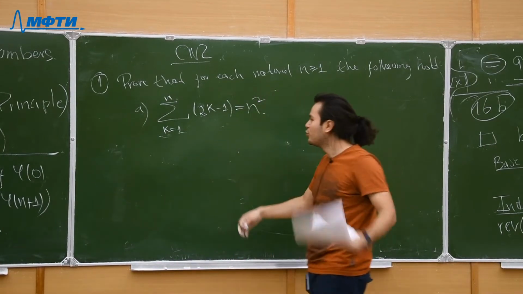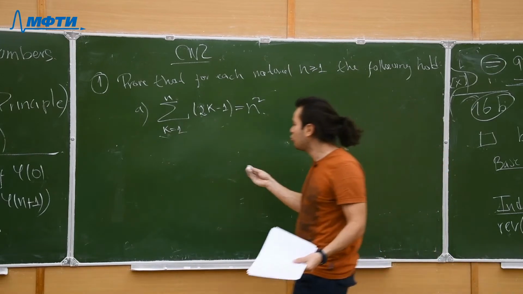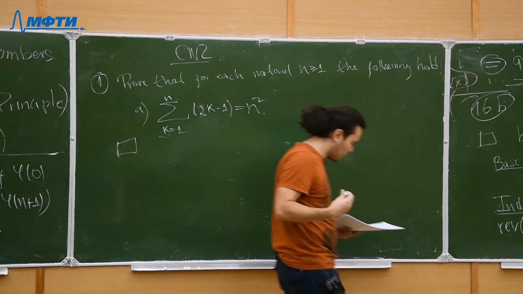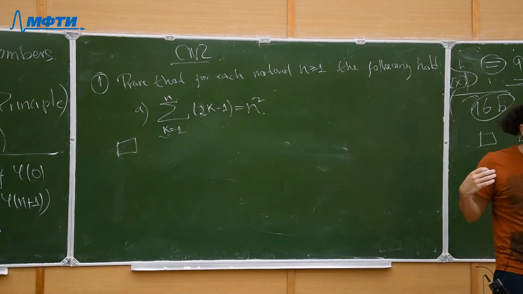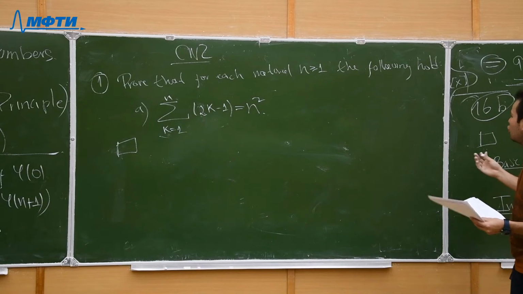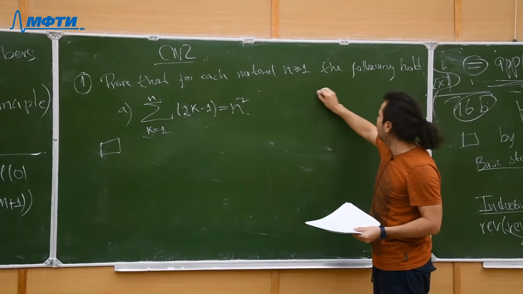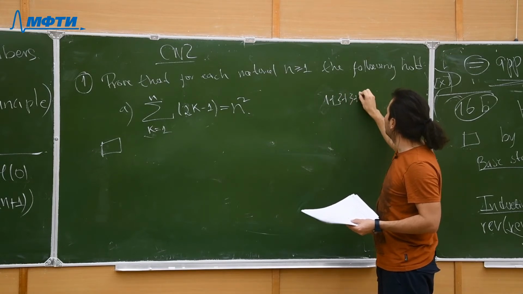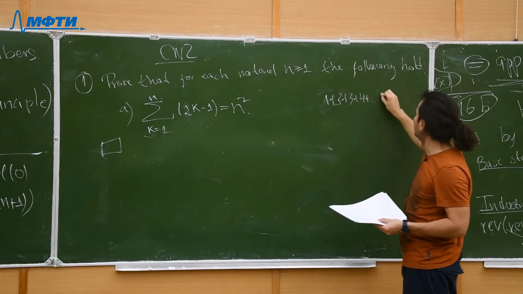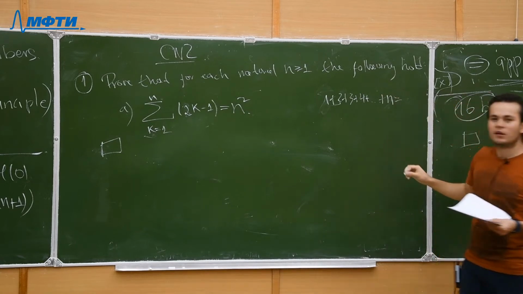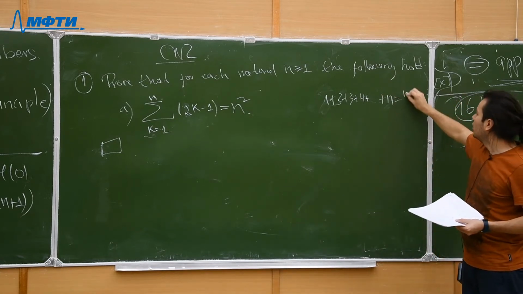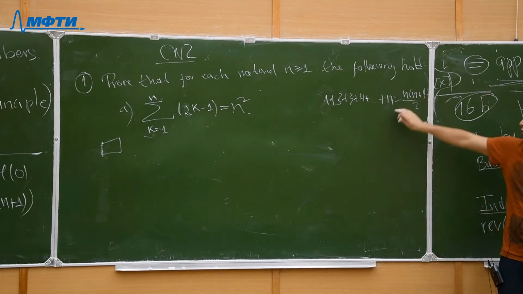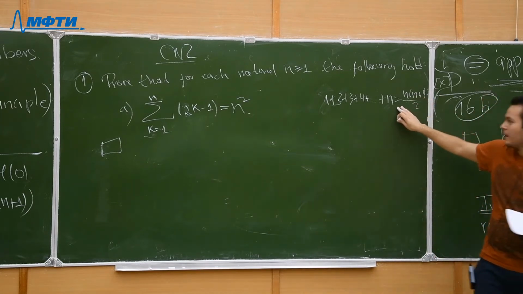Well, how are we going to prove it? I think you should know how, because in your lecture yesterday you proved that 1 plus 2 plus 3 plus 4 plus so on plus n is equal to n times (n plus 1) over 2.